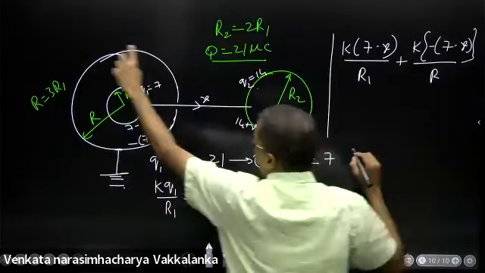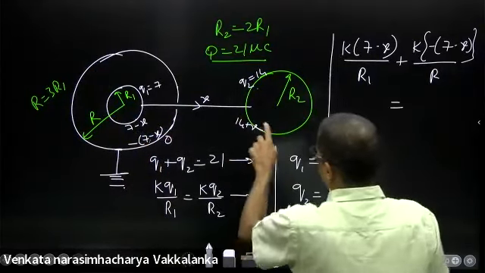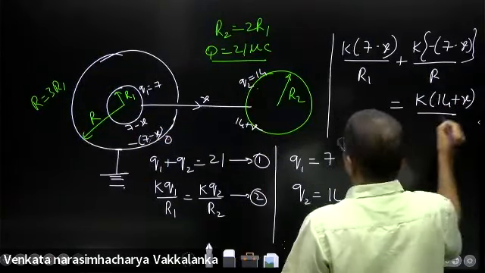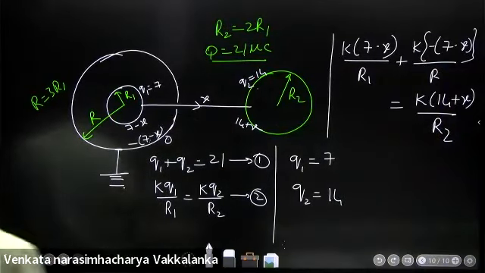Due to this, whatever is the potential on the surface everywhere inside, it will be the same. That should be equal to potential of this, K(14 plus X) divided by R2. Find X from here, should not be a problem.